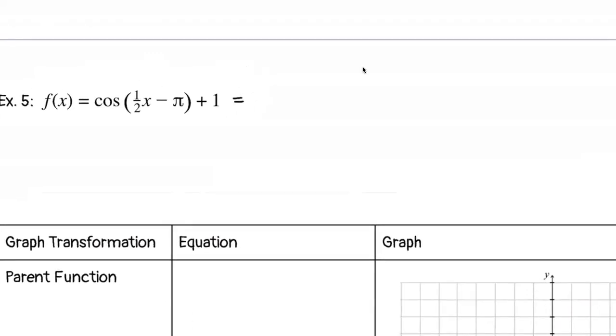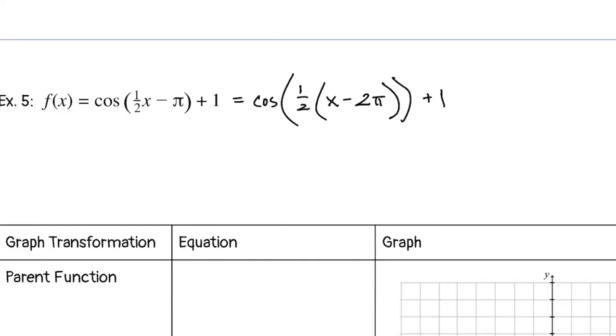All right. So when we factor, we've got cosine. We factor out that 1/2. What comes inside the parentheses? Nice. X minus 2 pi and then plus 1. Okay.